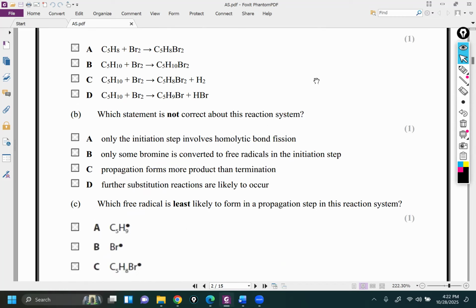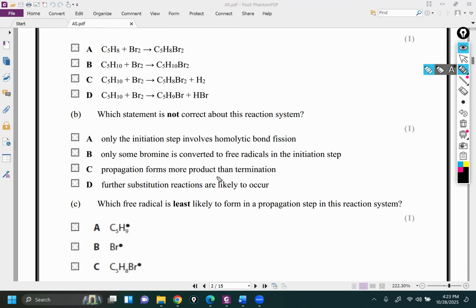In part B, which statement is not correct about this reaction system? Only the initiation step involves homolytic bond fission. Only some bromine is converted to free radical in the initiation step. Propagation forms more products than termination, and further substitution reactions are likely to occur. So if you see here, these two options are correct.